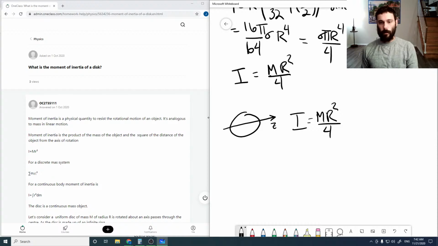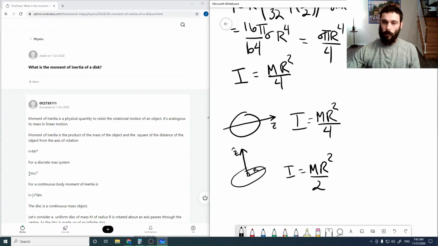And then we also considered a disk where the moment arm was perpendicular to the disk and running perpendicular to the radial line, and that was m r squared over 2. Okay, so depending on how you set up your moment arm, you're going to get a different moment of inertia.